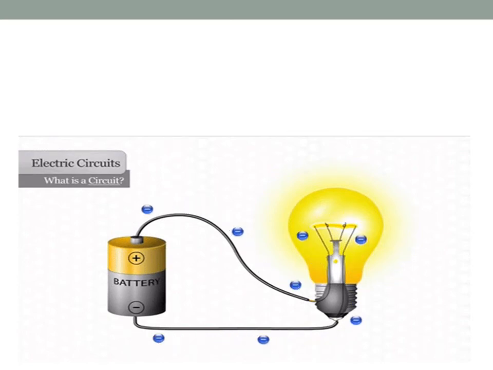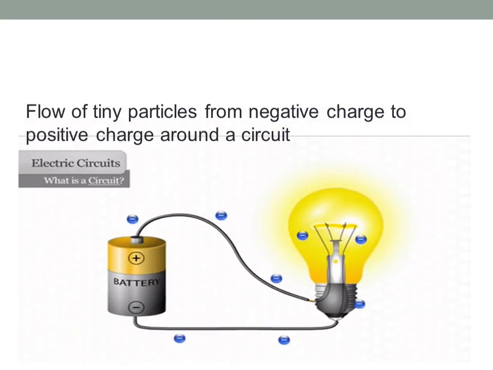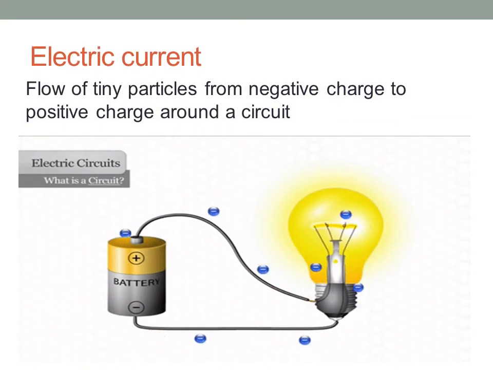From the negative charge to the light bulb and through the wire and move to the positive, and to the negative, and through the light bulb again. So this is called what? Electric current. Electric current is the flow of tiny particles from the negative charge to the positive charge around the circuit.